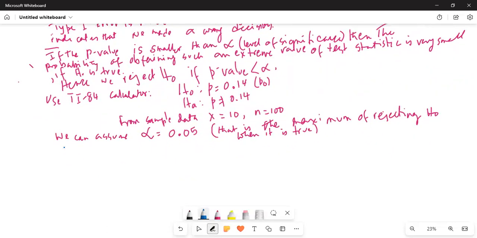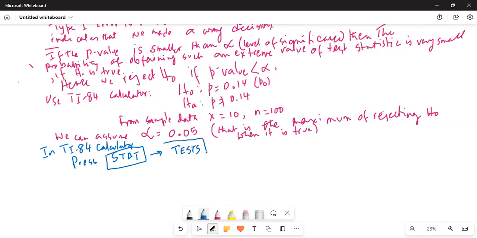So in the TI-84 calculator, press the Stat button. Then highlight, which means move the cursor, the black rectangle, to TESTS on the top row.